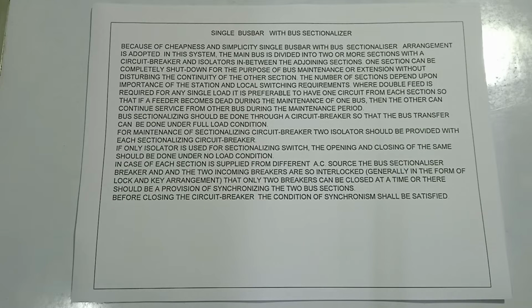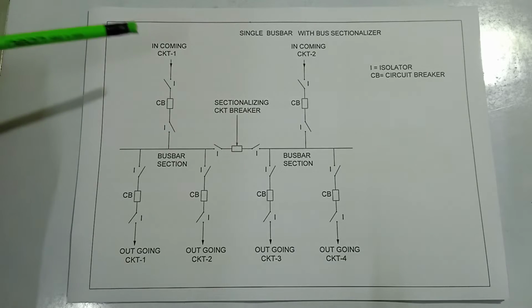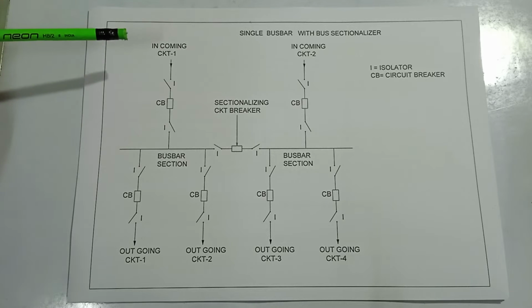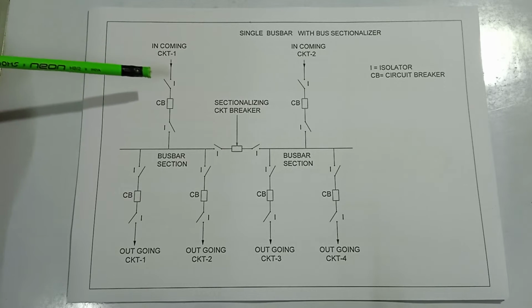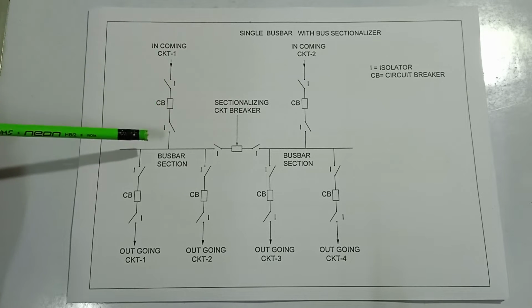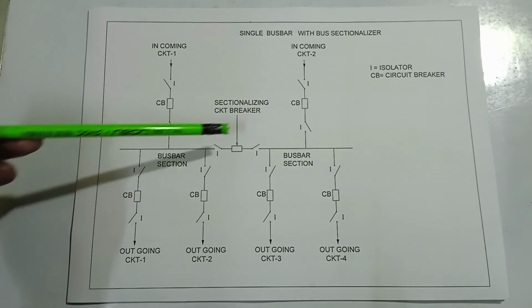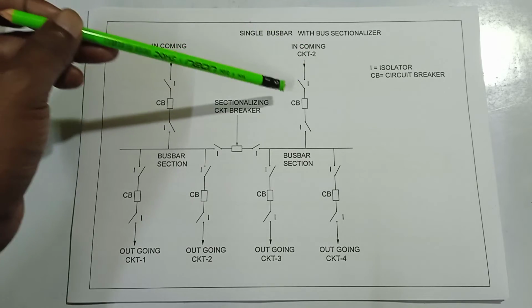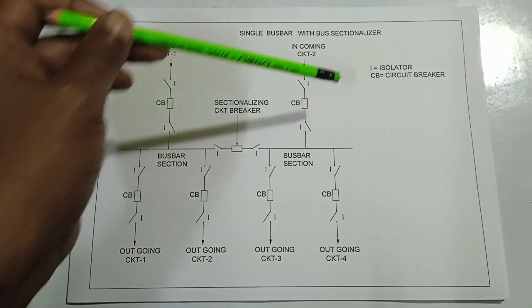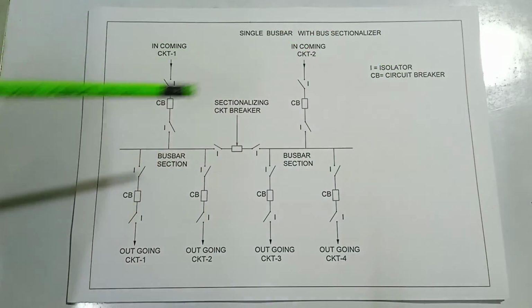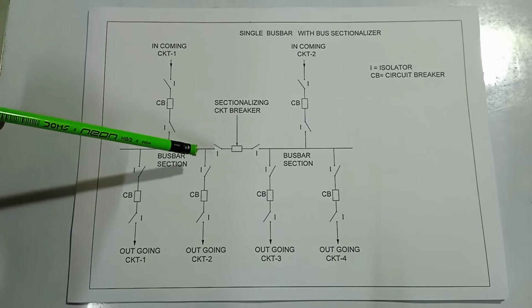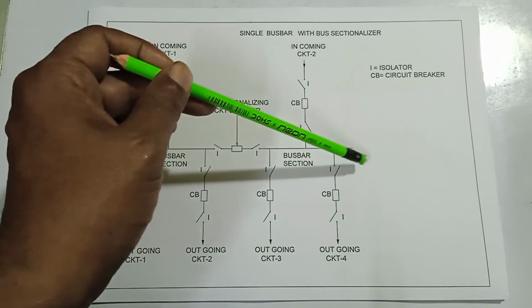Okay, next. Here is the picture of single bus bar with bus sectionalizer. Incoming circuit 1: this is isolator, circuit breaker, isolator. This is the sectionalizing circuit breaker. This is incoming circuit 2: isolator, circuit breaker, isolator. I is isolator, CB is circuit breaker, and this is bus section 1 and this is bus section 2.